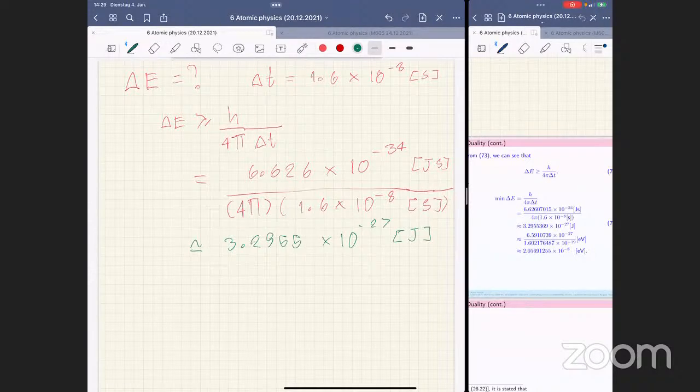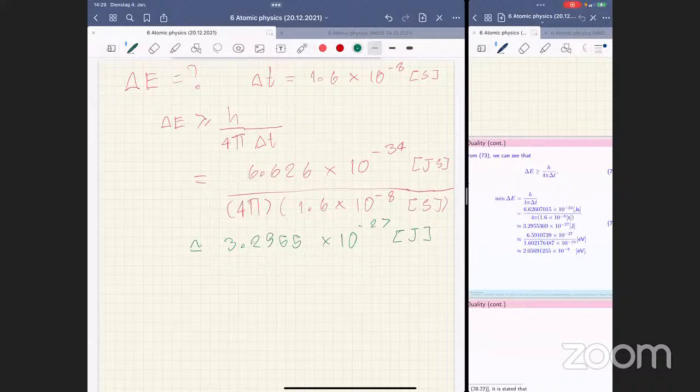But it's not appropriate, right? Because 10 to the negative 27 is quite far from human perceptibility. So it's better if we convert it to a better unit scale.